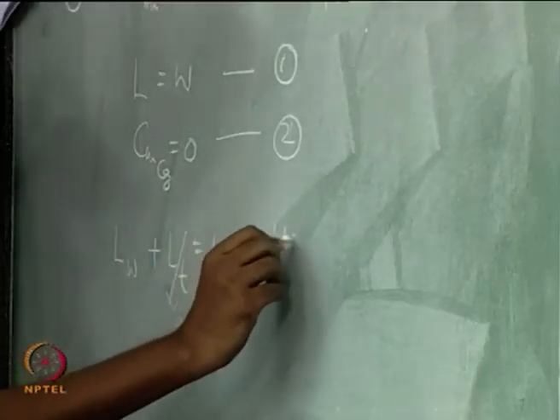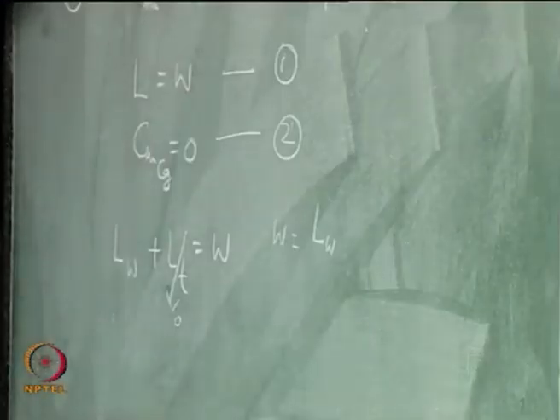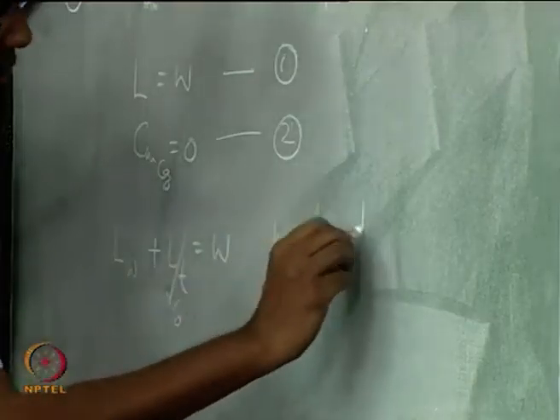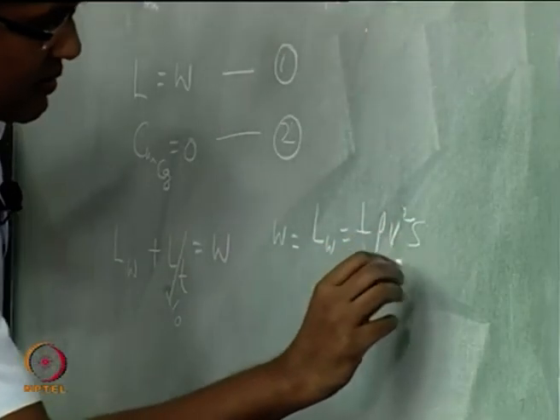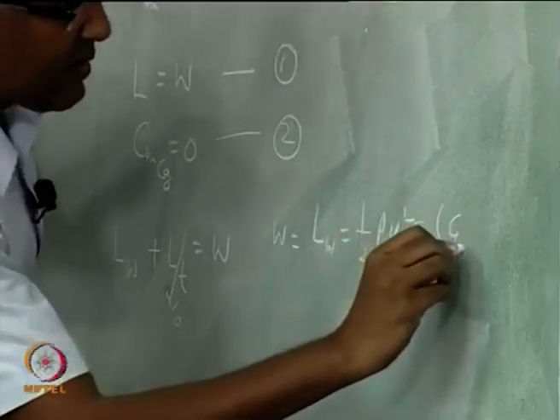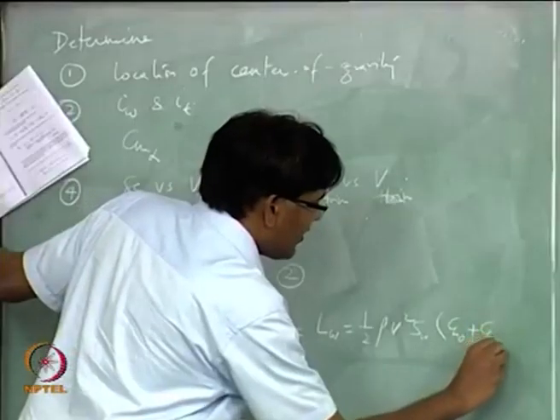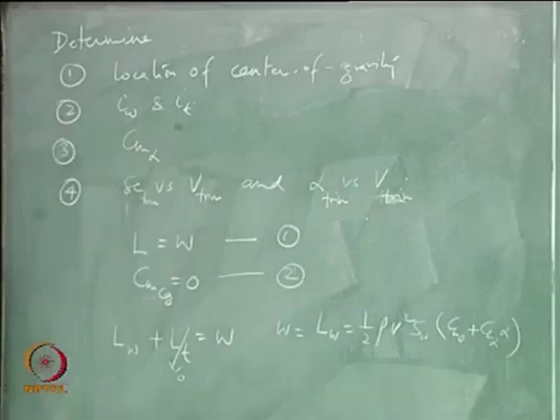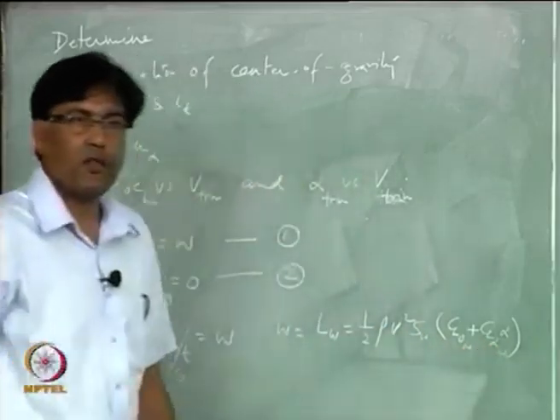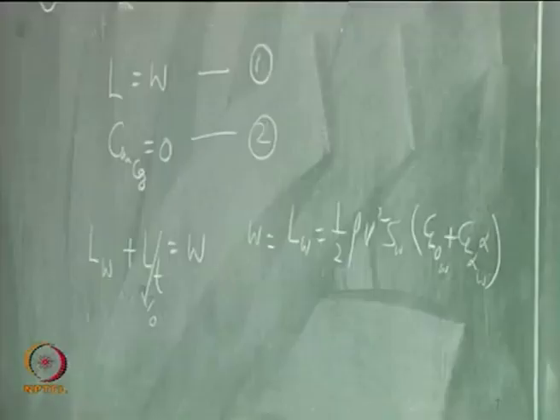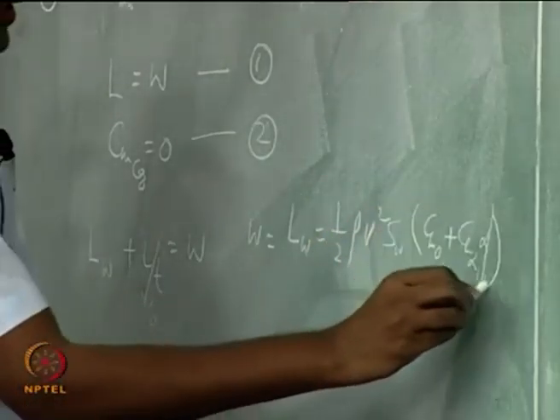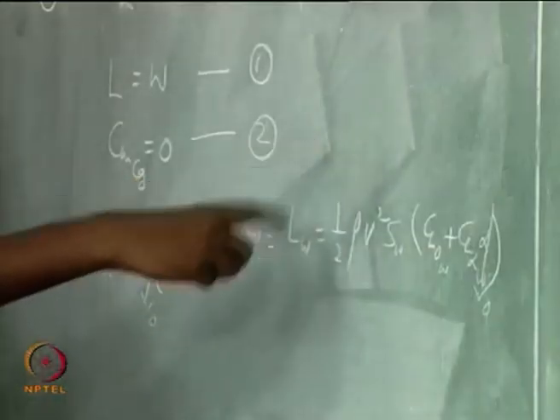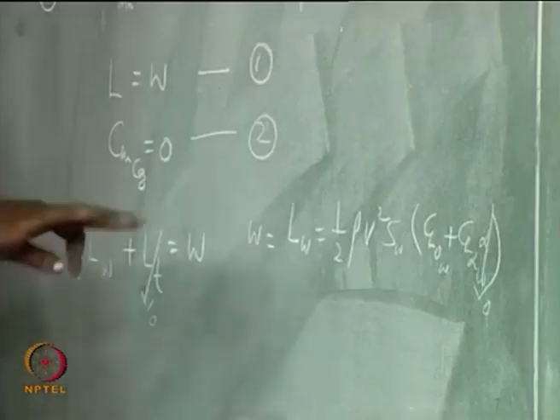So, W is of the wing. So, alpha is again 0 here, trim condition, and now I can find out what CL naught W is using this, isn't it?